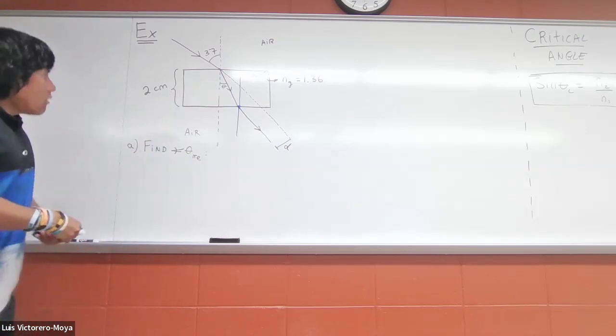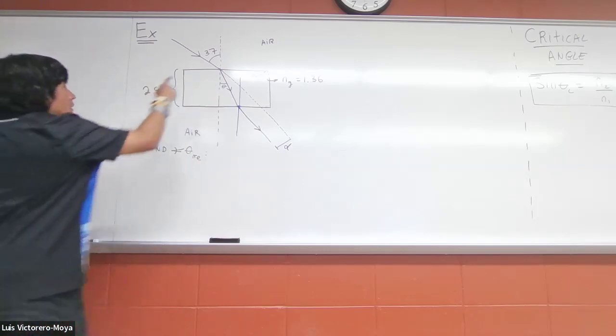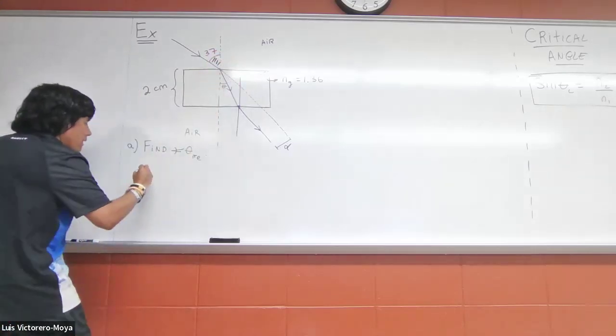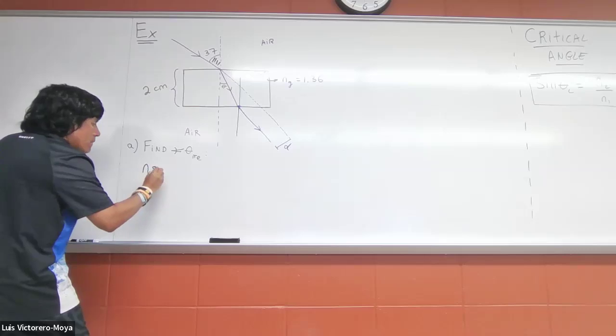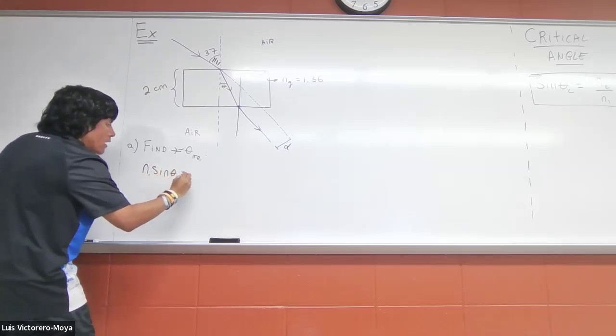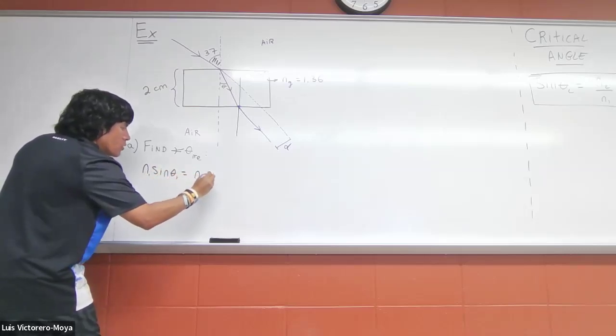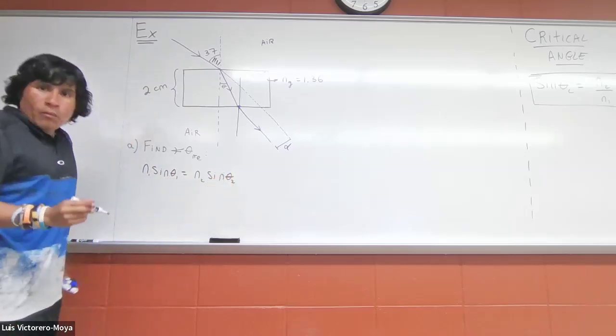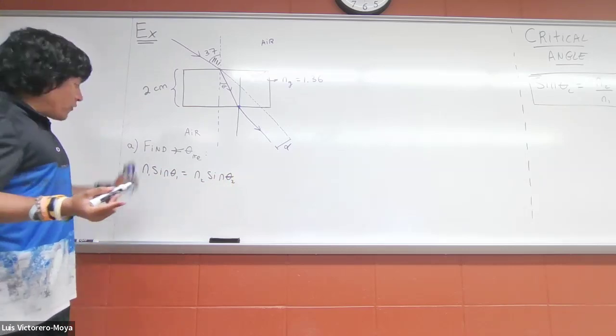So remember, incident from air to glass, n1 sine theta 1 equals n2 sine theta 2. Okay, so that's what you have to do for the first part.